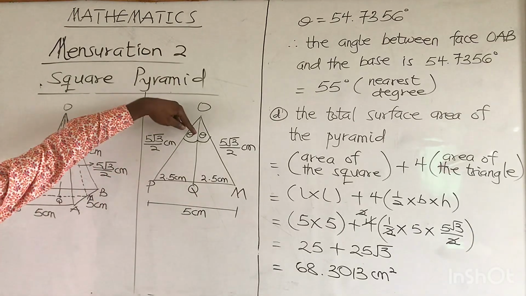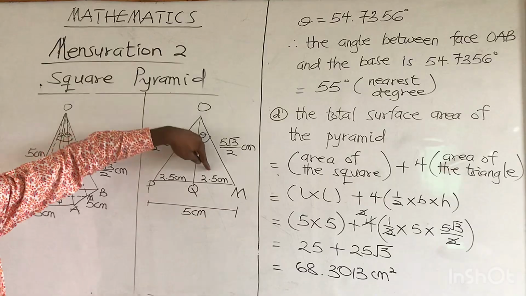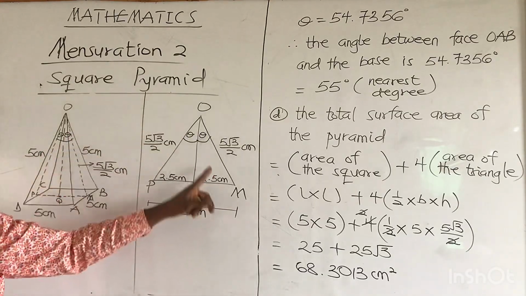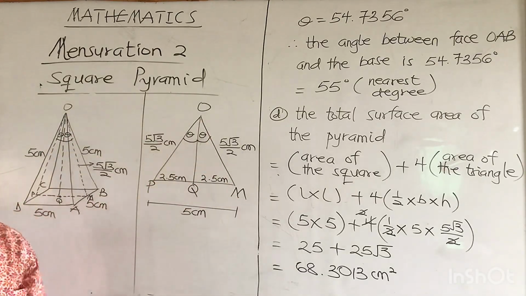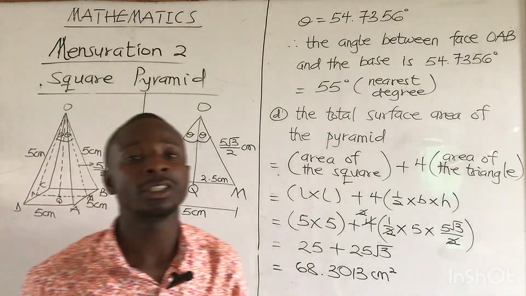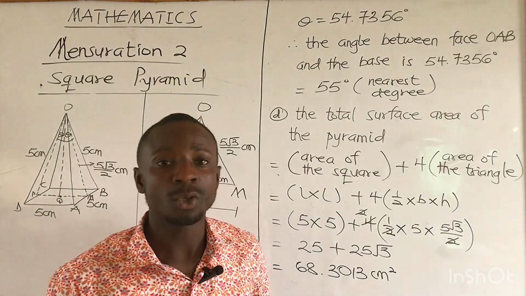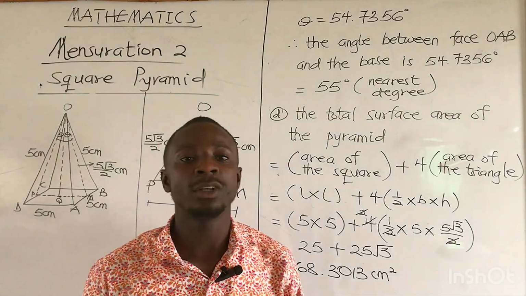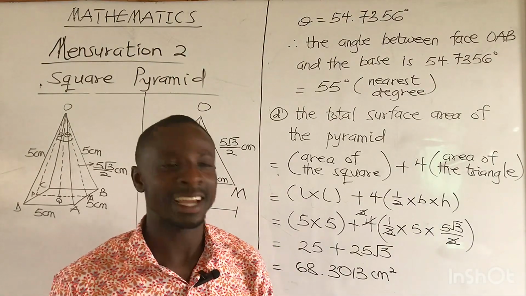Now the angle faces the 2.5, which is the opposite, and this side is the hypotenuse. So opposite and hypotenuse, we are going to use sine. So with this particular angle, we are going to use sine to find the angle.